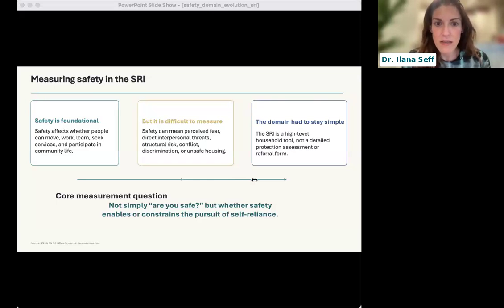And then finally, the domain, as we were thinking about how to measure this, needed to really stay simple. So this is a very complex construct.